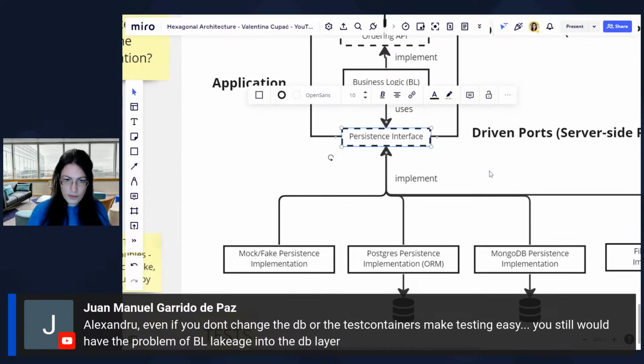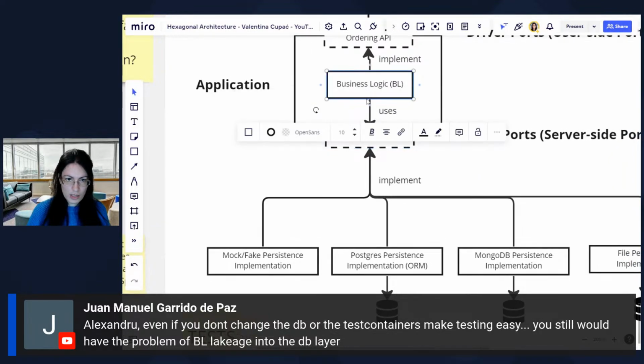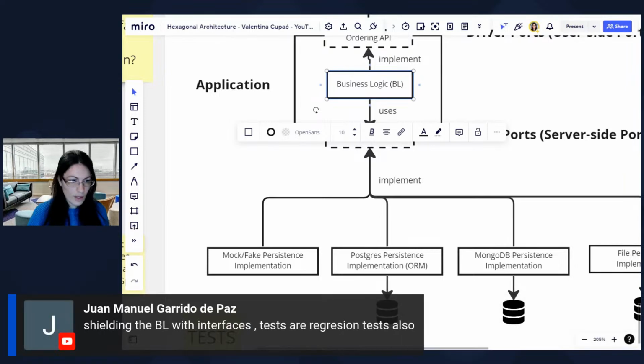If this interface did not exist, and again, if we could directly depend on it, then developers could write data access code anywhere. So it's essentially indicating poor separation of concerns. So yes, this was a great comment. And to add on, shielding the business logic with interfaces, tests are regression tests also.